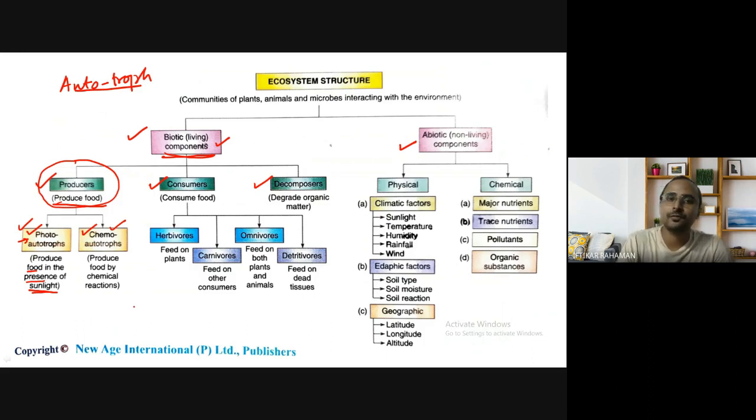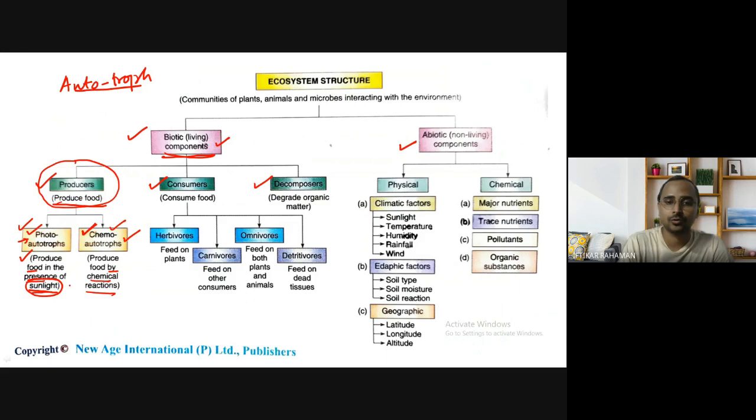If you have heard the term photosynthesis, during photosynthesis the plants require sunlight. This is the main factor. সানলাইটের উপস্থিতিতে এই ফটো অটোট্রফরা খাবার তৈরি করতে পারে. On the other hand, chemoautotrophs produce food by chemical reactions. Chemical reactionের মাধ্যমে এরা খাবার তৈরি করতে পারে.